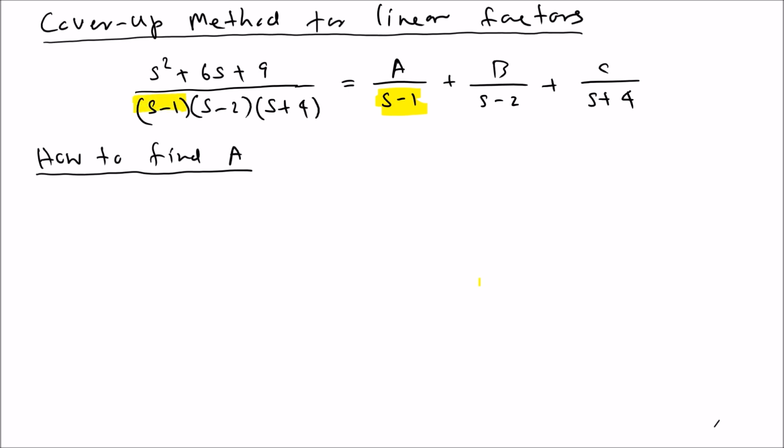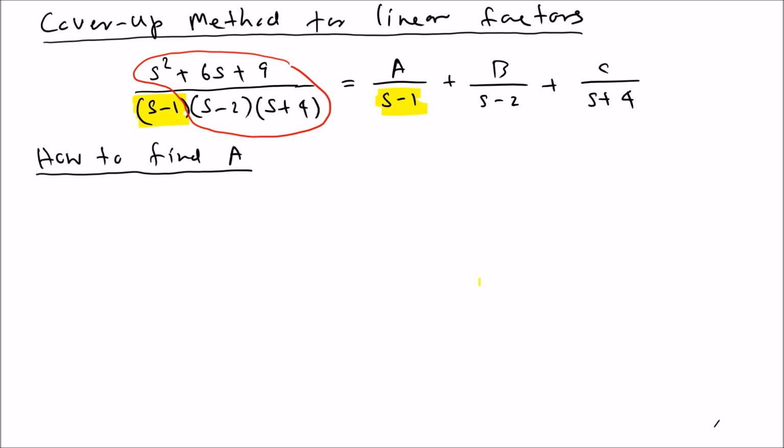We're going to ignore this term, and to make that term 0, we need to plug in s equal 1. So we plug in s equal 1 for the rest of the term. So we only pick this part and substitute s equal 1.